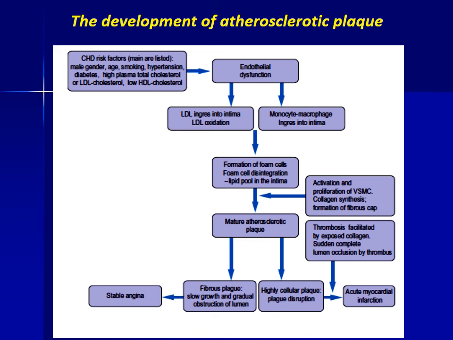The lipid pool, which results from disintegrating lipid-filled macrophages, the foam cells, becomes covered by a fibrous cap, forming the mature plaque. While stable fibrous plaque causes slowly progressing angina, the disruption of an unstable, highly cellular plaque leads to acute clinical events such as myocardial infarction.